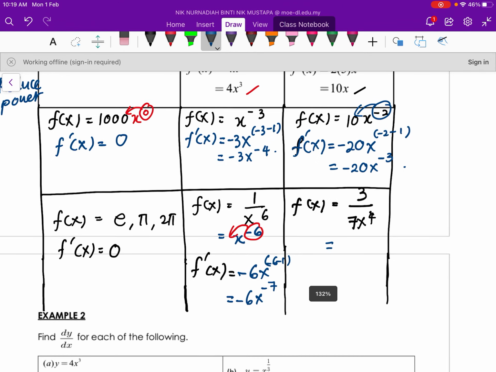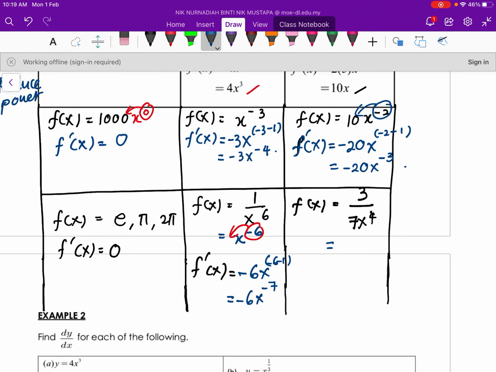Apa yang kita kena buat? Bila kita nak bawa naikkan ke atas, ingat kita bawa x sahaja naik atas. 3/7 tu jangan kacau. Jangan bawa 7 pun naik atas juga. You don't have to. You just bring up the x to the power of 4. So bila bawa naik ke atas, dia akan jadi x to the power of -4.